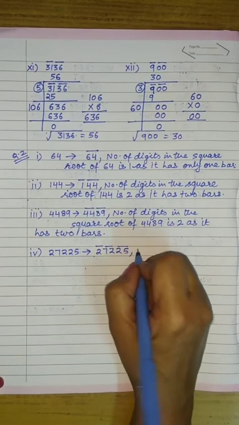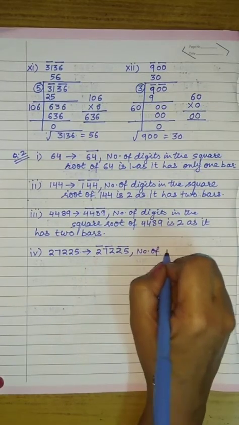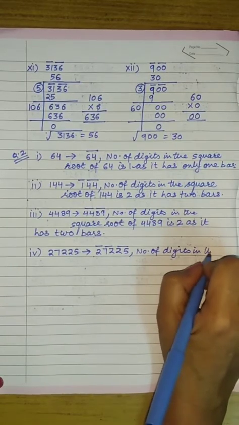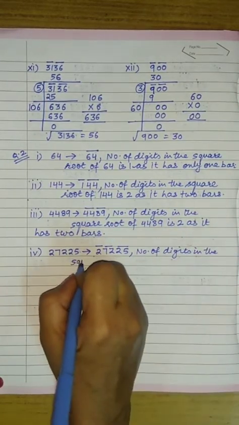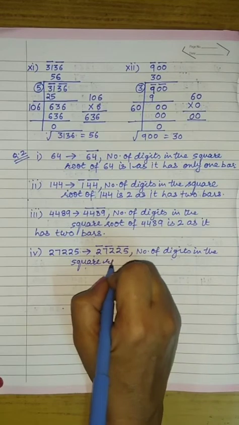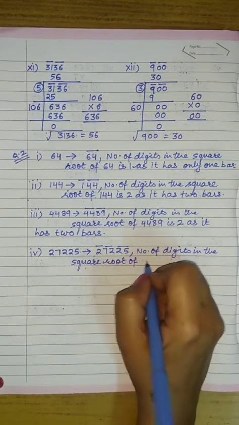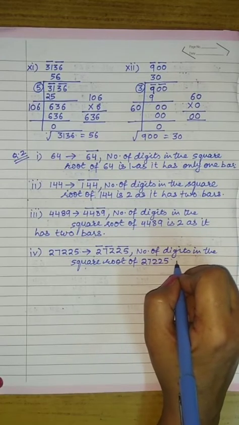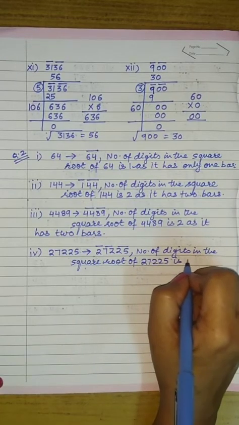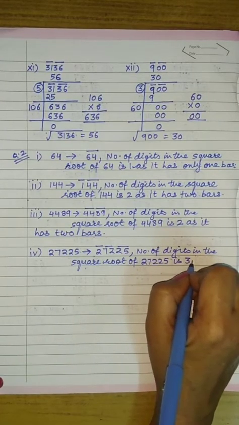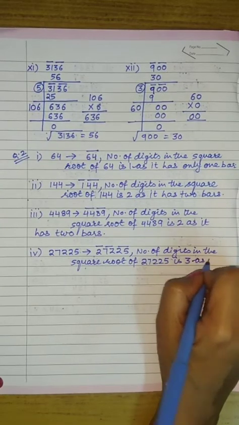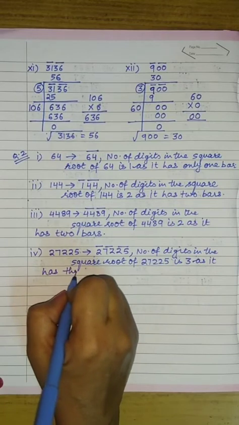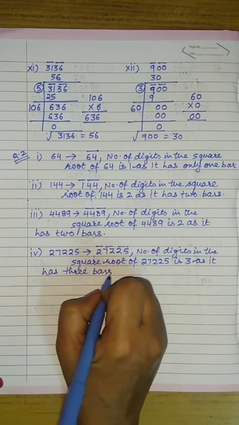So the number of digits in the square root of 27225 is 3. Why 3? Because it has 3 bars.